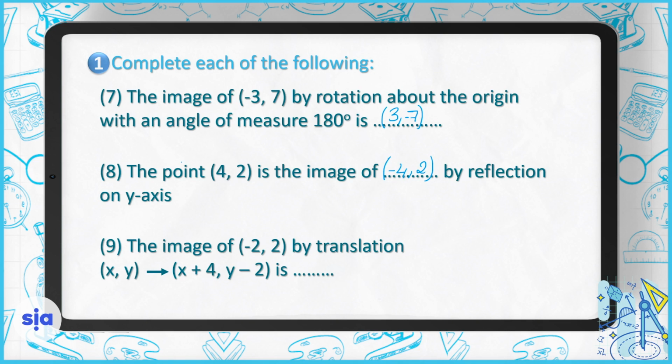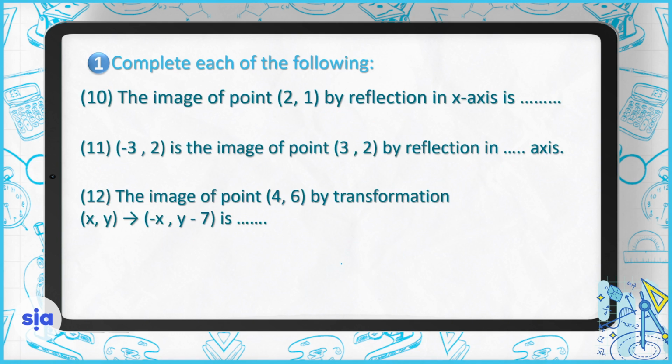Question 9. The image of negative 2, 2 by translation x plus 4, y minus 2 is what? If I add 4 to the x, this becomes 2. If I subtract 2, 2 minus 2 is 0. Question 10.